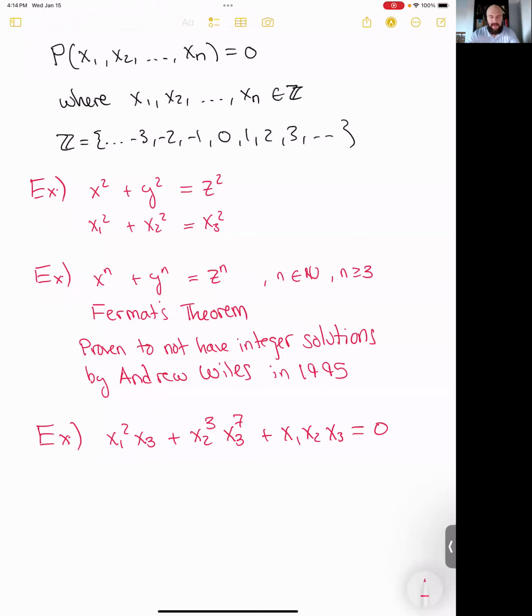I can only use finitely many, but I can use any finite number of variables that I like to describe one. And I can do all these funny things with polynomials, but I can't do stuff like take the cosine of x1 times x2 or tangent or e or anything like that, right? It's got to be a polynomial, which is formed by multiplication or addition of these variables with coefficients. Okay, so that's what Diophantine equations are.